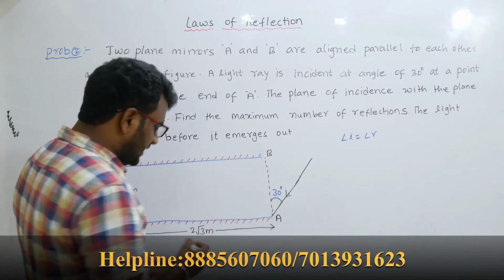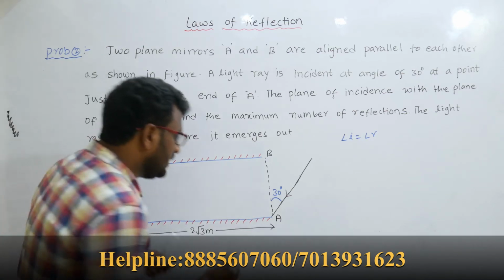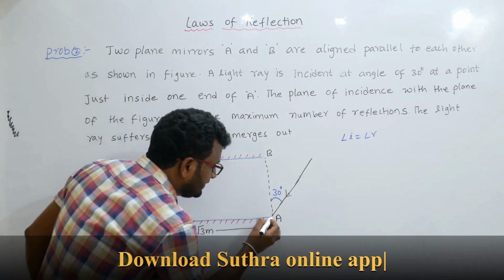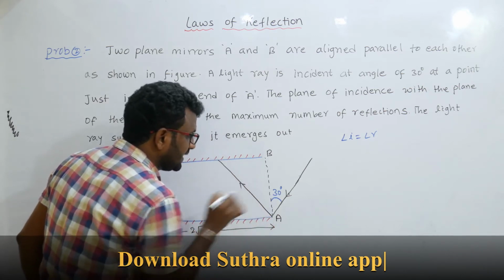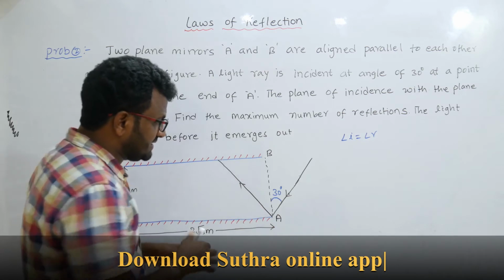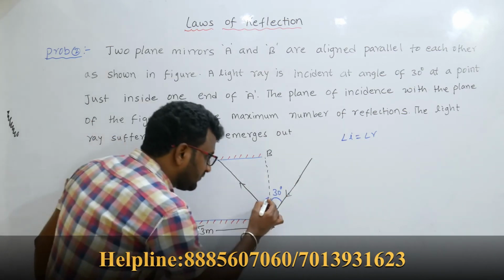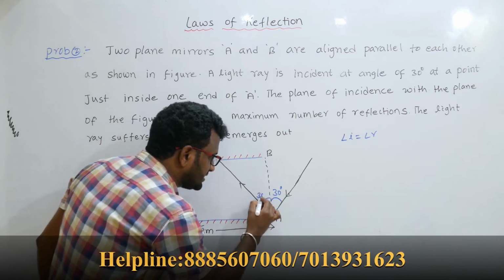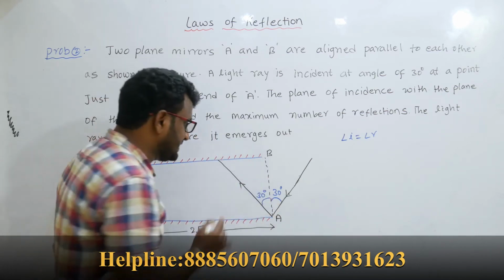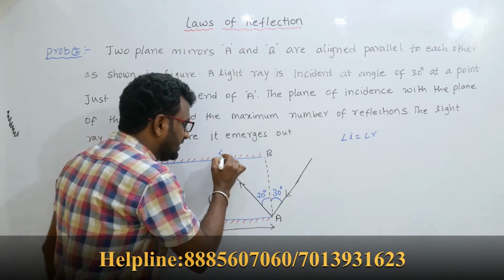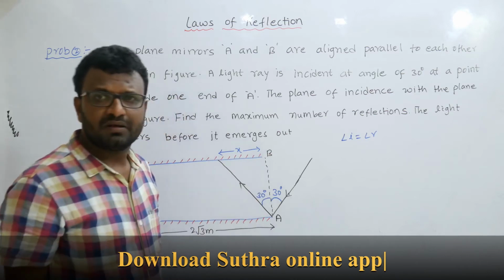Then after the reflection, this ray is incident on the second mirror. So angle of incidence 30 means, according to the laws of reflection, the angle of reflection also becomes 30 degrees. For the first reflection, the reflected ray covers a distance x on the second mirror.